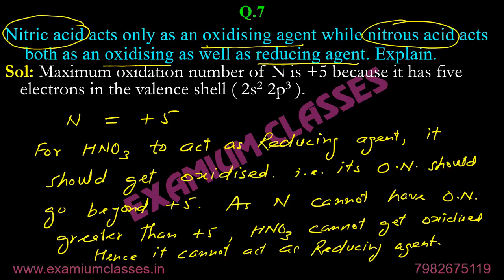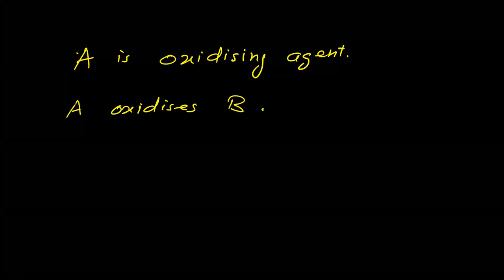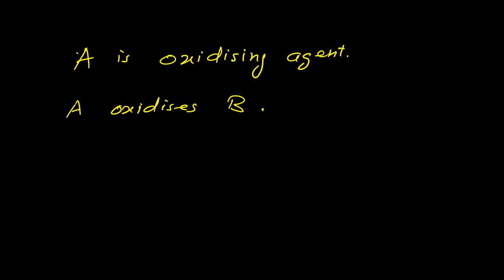So if I say A is oxidizing agent, it means A oxidizes, say, B, and A itself gets reduced.